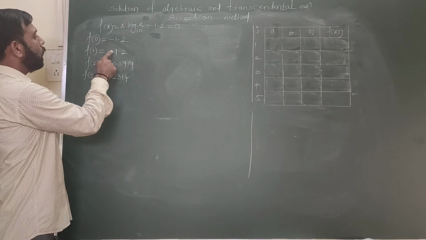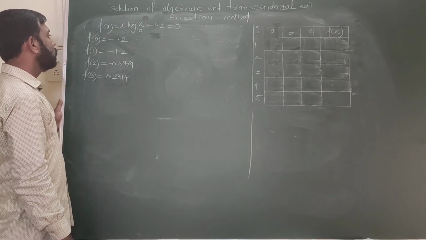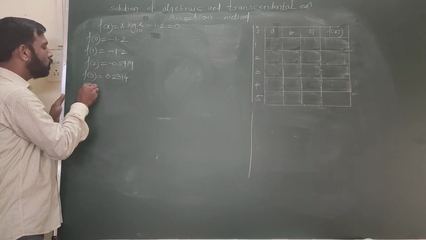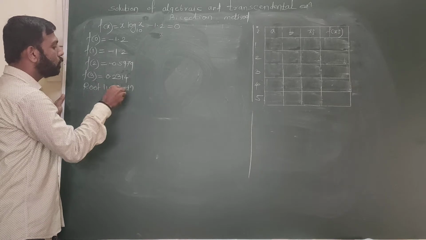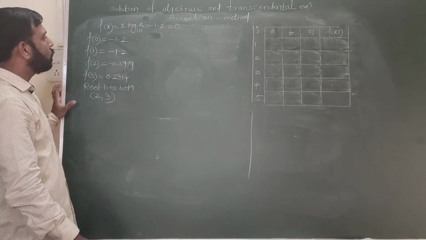Now see here, negative, negative, and we got a positive sign, so we claim the root lies between 2 and 3. So this is our interval.